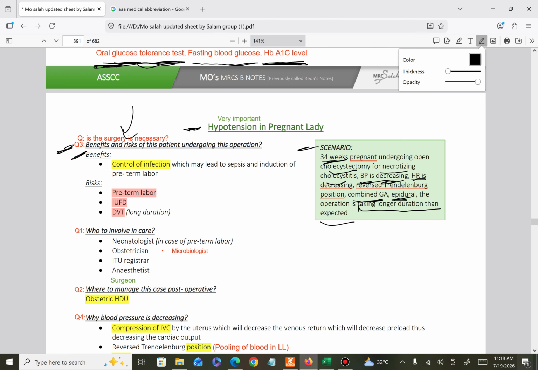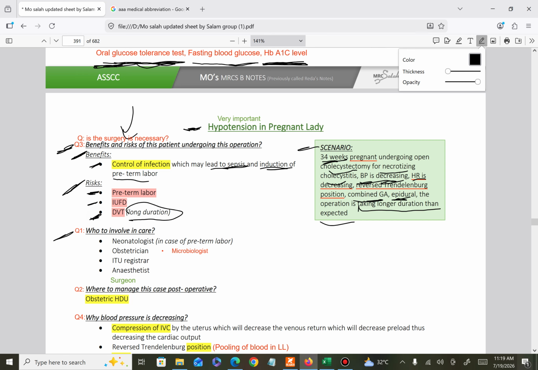The benefit of surgery is that there will be control of infection. The source of infection will be controlled, which may otherwise lead to sepsis and induction of preterm labor, while the risks of the surgery are preterm labor, intrauterine fetal demise, and DVT, deep venous thrombosis, with long duration.